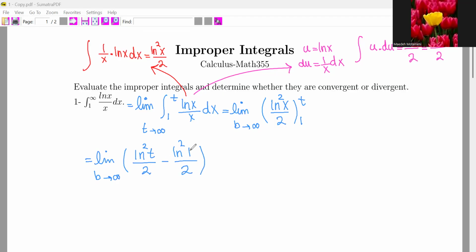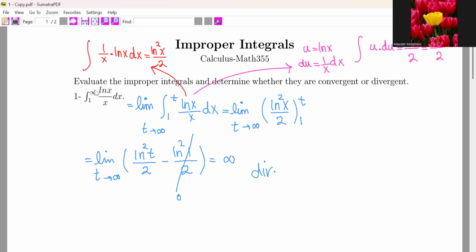We know that ln of 1 is 0, so this part is 0, and that part, ln squared of t over 2, will be infinity, because ln of infinity squared over 2 is infinity, and the integral is divergent.